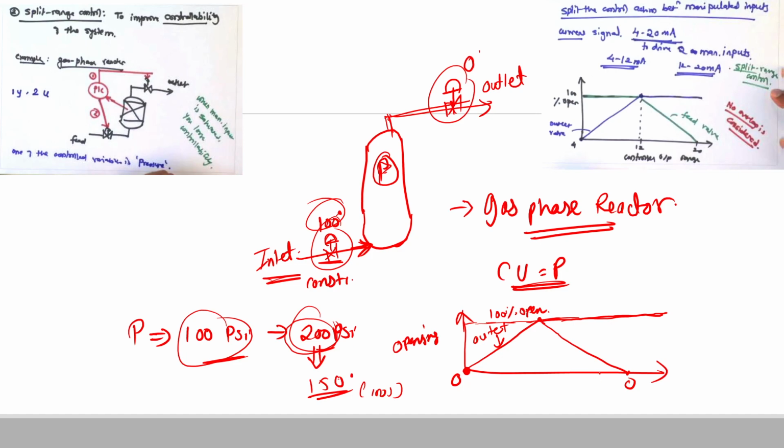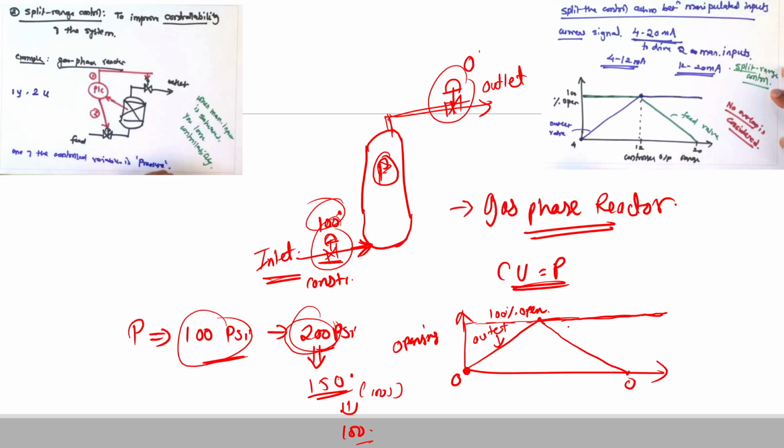So we observe that on closing the valve from 100%, the pressure reaches the desired set point of 100. Yes. So such a controller, whereby we use both of these manipulated variables in order to control this single controlled variable, we call a split range control.